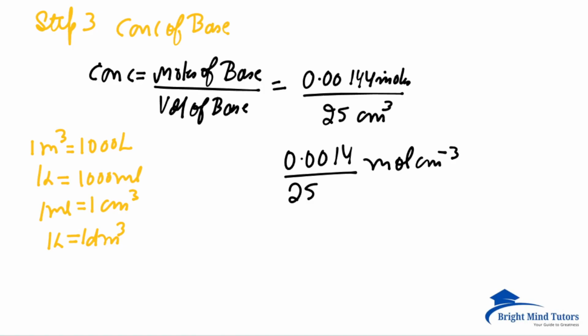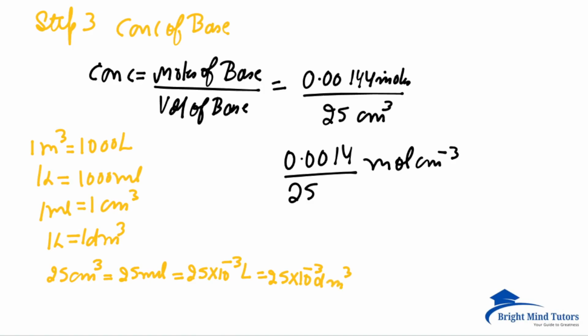So now we have 25 centimeter cube of it. That means it is 25 ml of it. Now this ml we can convert into liters. It is 25 into 10 to the power of minus 3 liters, or 25 into 10 to the power of minus 3 decimeter cube.